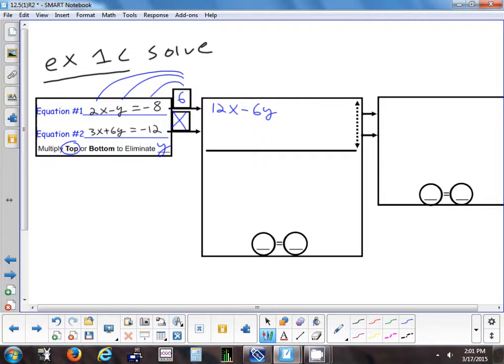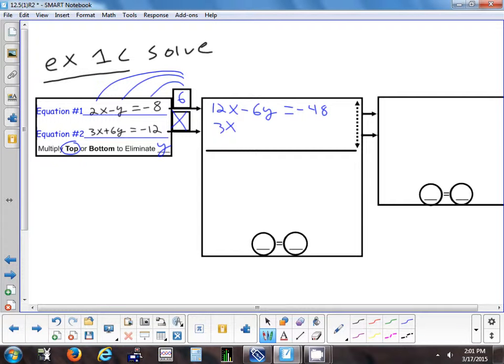How about Marcus? 48. And it's positive times a negative? Okay. So 6 times negative 8 is negative 48. Isaiah, what am I doing with this bottom equation? You're just bringing it over. Yep, we're just bringing it over.